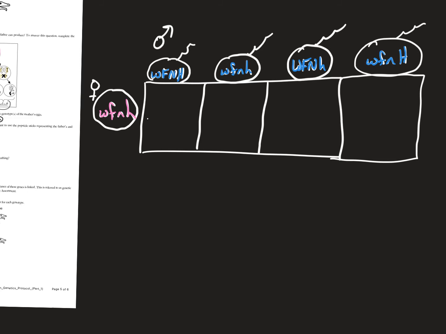So what we would get is little w, we'd get little f from mom and big F from dad, and we'd get little n from mom and big N from dad. You know what? I'm going to have to erase this and zoom in a little bit because it's going to be hard to see.